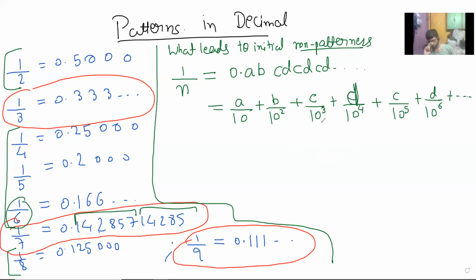We have this, so what can we do? Is this any different from the last time? So a by 10, b by 10 square.